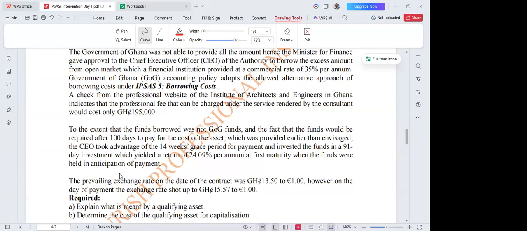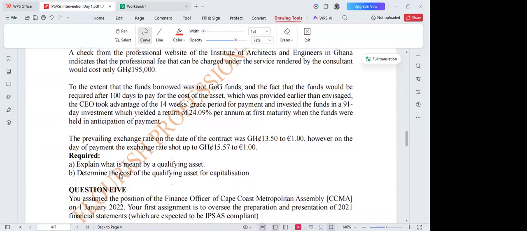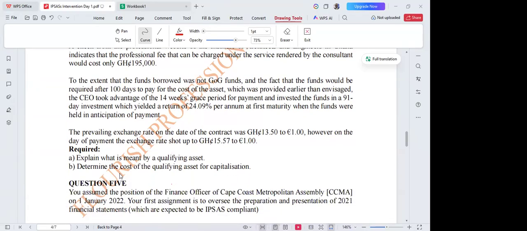envisaged, the CEO took advantage of the 14 weeks grace period for payments and invested the funds in a 91-day investment, which yielded a return of 94.09% per annum at first maturity when the funds were held in anticipation of payment.